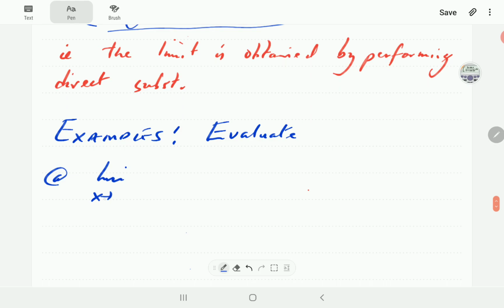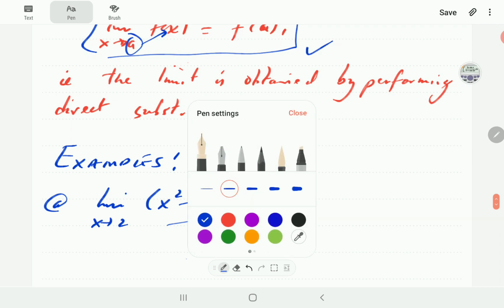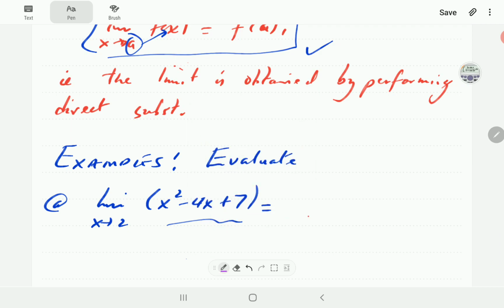So suppose we want the limit as x goes to 2 of x squared minus 4x plus 7. According to this result, because this is a polynomial, the limit is simply going to be obtained by plugging in x is 2.